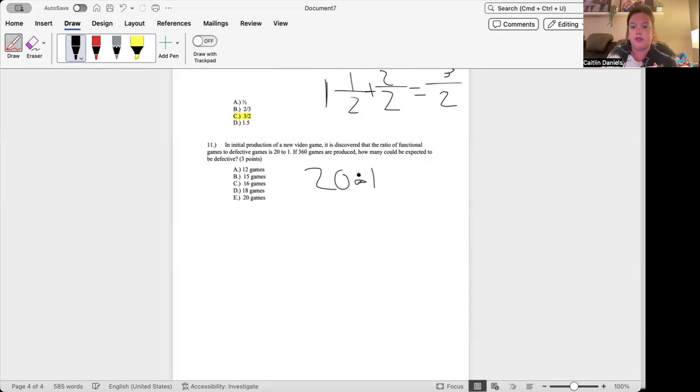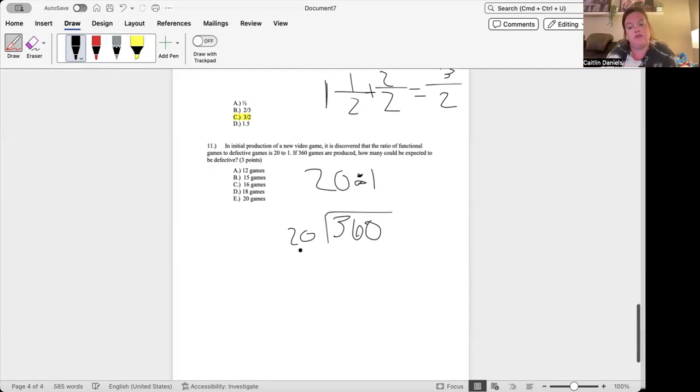So let's put our little ratio signs right there. So we get 360 games. So if the ratio is 20 to 1, for every 20 games, 1 is going to be defective. So we're going to divide 360 by 20.